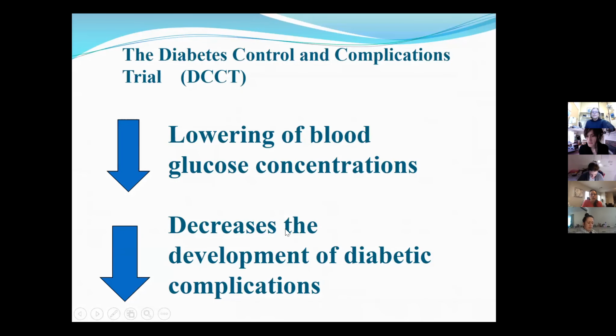So it's important that we screen and identify patients who are developing diabetes or who have developed diabetes, because we've shown clearly, in one particularly large study called the Diabetes Control and Complications Trial, that if that person is capable of lowering their blood glucose concentrations, either through lifestyle or medication, the development of the life-threatening diabetic complications, coronary artery disease, cerebrovascular disease, can be decreased significantly by management of diabetes.